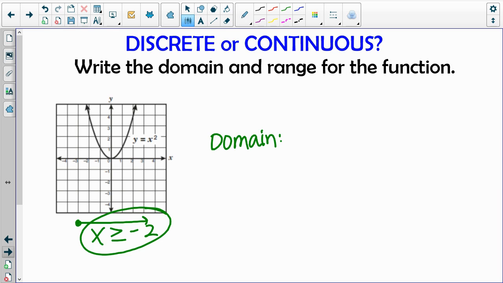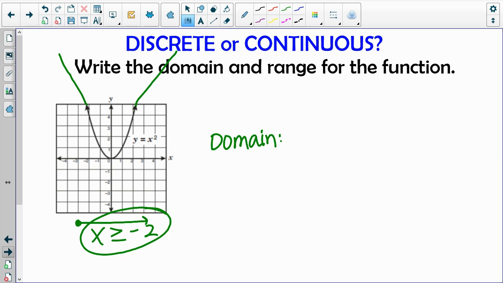Look over here on the left. This arrow means it's going to keep going and going left and right and up, obviously. But that U shape is going to keep going left to right. There's going to be no end on the left side. There's going to be no end on the right side. So my X's are going to go forever negative, and they're going to go forever positive.